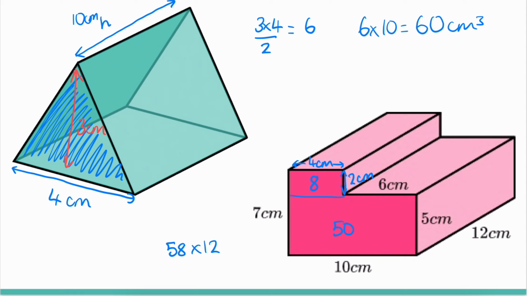So I'm doing 58 times 12, which is going to give me 696 centimeters cubed, because it's now volume. And that gives me the volume of the whole prism.